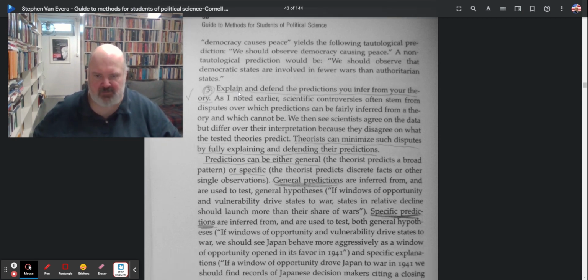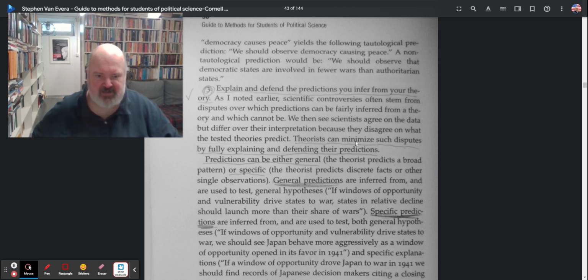Three, explain and defend the predictions you infer from your theory. As I noted earlier, scientific controversies often stem from disputes over which predictions can be fairly inferred from theory and which cannot be. We see scientists agree on data but differ over the interpretations because they disagree on what the tested theories predict.